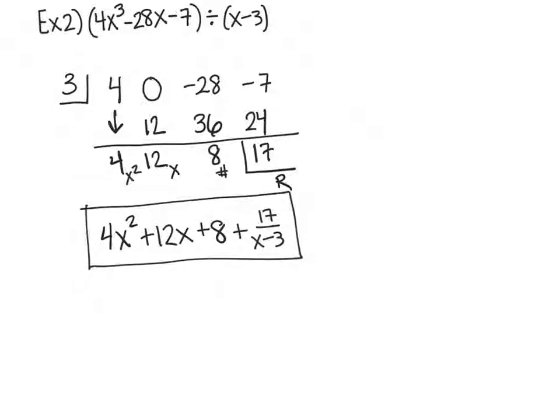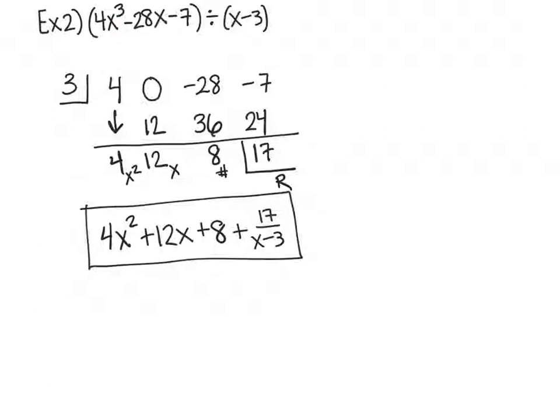I do want to make one comment before doing our last example: we worked from right to left to label those numbers to get the variables. However, you could always start from the first number and work your way down. So remember that if you're dividing an x cubed by an x, this number is going to represent the term that is one smaller than this.